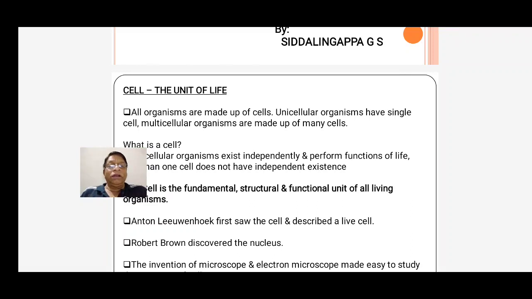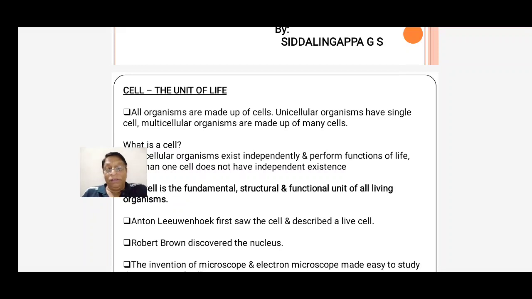Organisms with cellular organization exist independently and perform functions of life. But below the organization of the cell, they cannot perform independent existence.